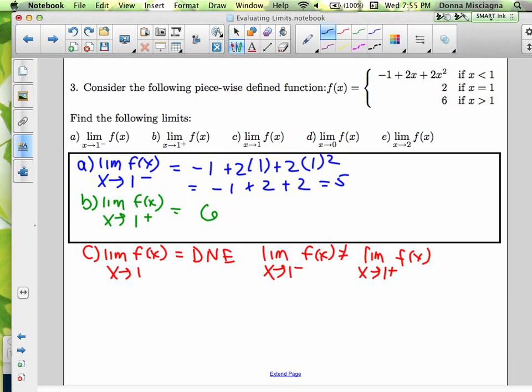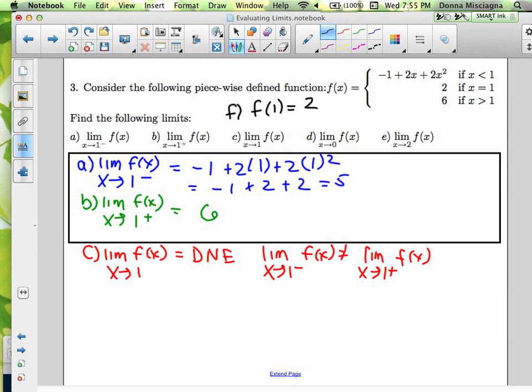Let's just call that f, and I'll put it right here. What is f of 1? Well, f of 1 is 2. So if we want to know the value of the function when x is 1, that's 2. If we want to know the limit as x approaches 1, we have to look at what it's approaching from the left and right hand sides and ignore what it equals. And you can see it's not approaching the same thing.